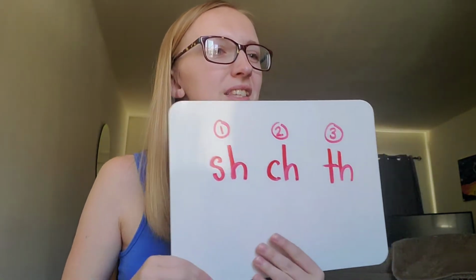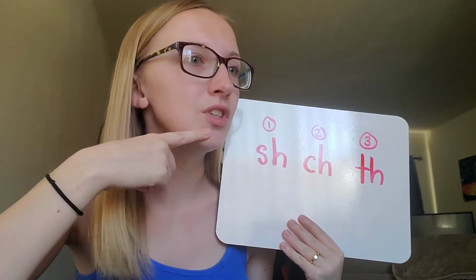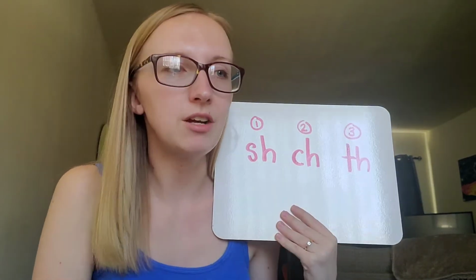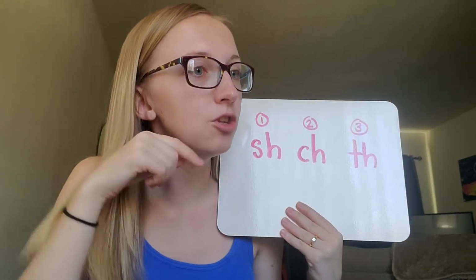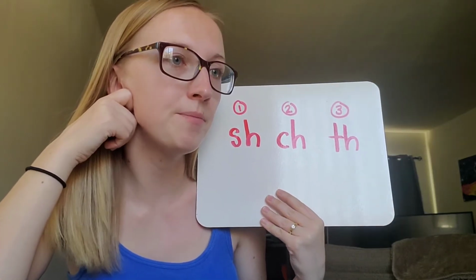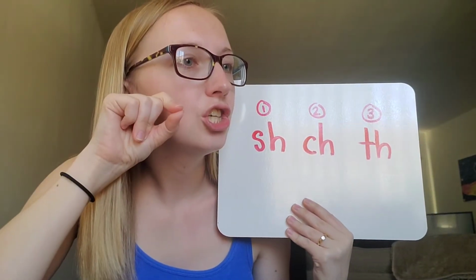All right, now I have a couple that have the sound at the end of the word, so I want us just to listen. Maybe we can hear the sound at the end of the word. I'm going to stretch out the word, and you're going to tell me what sound you hear at the end. Okay, those were all sounds at the beginning. Now we're going to see if we hear it at the end. Okay, so the first word is d, i, sh.